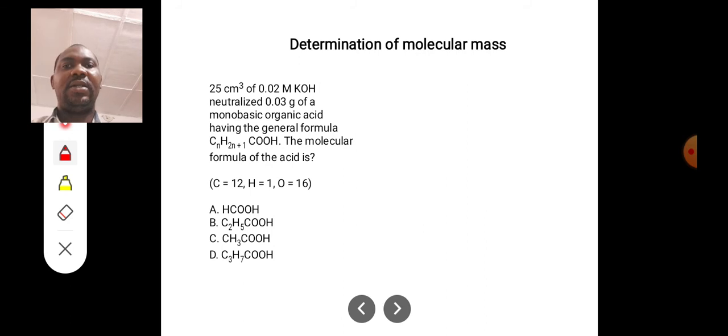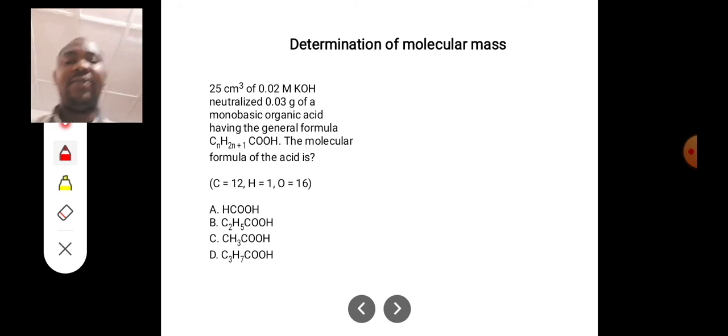And here it says 25 cm cube of 0.02 molar potassium hydroxide neutralized 0.3 gram of a monobasic organic acid having the general formula CnH2n+1COOH.